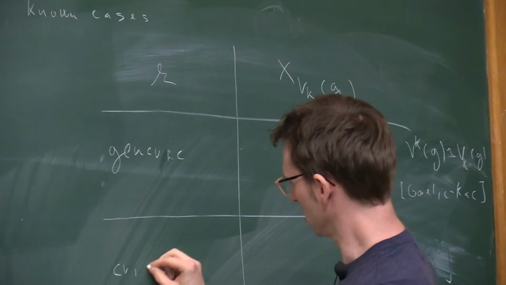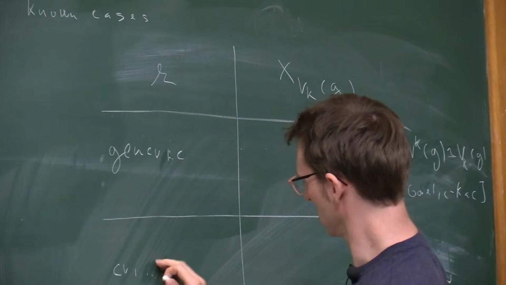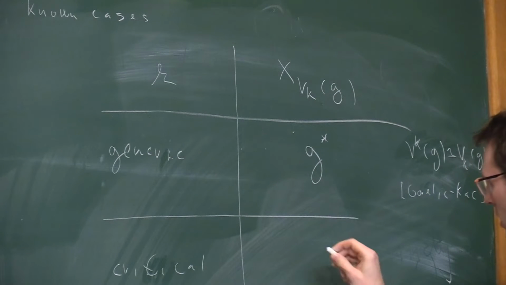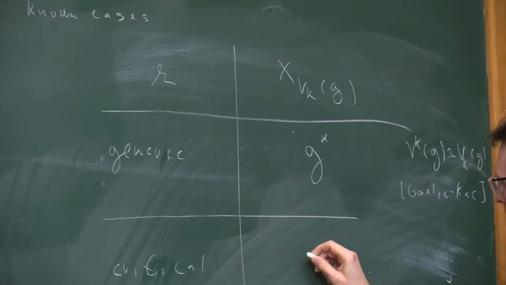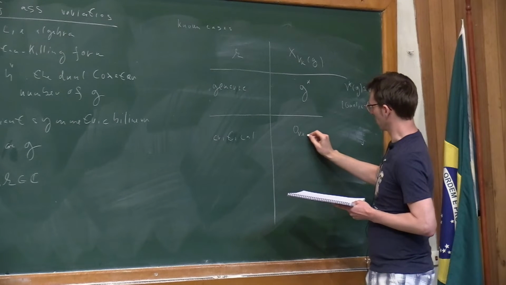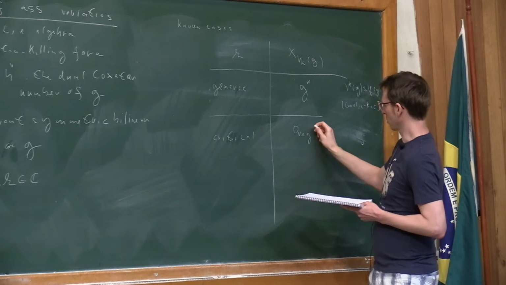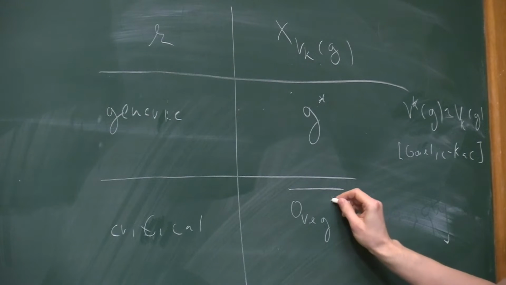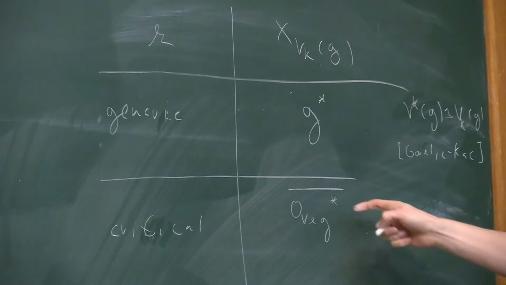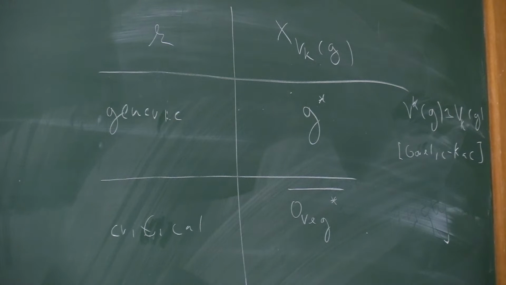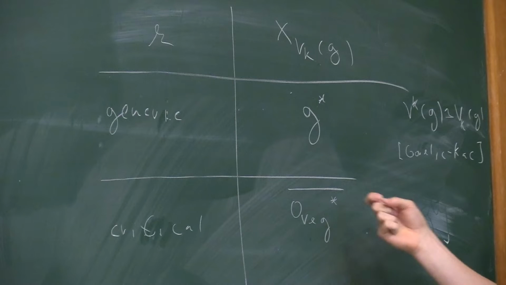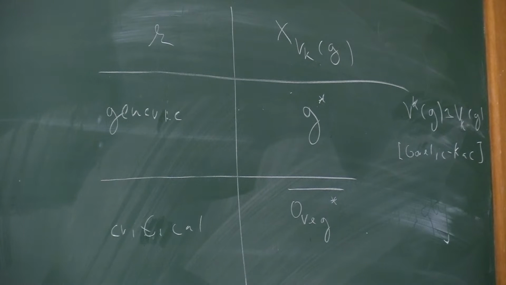And then the other case is when the level is critical. In this case, the associated variety is the whole nilpotent cone, the closure of the regular orbit, where by star I mean the corresponding subset in g*, the closure of the coadjoint orbit in g*.